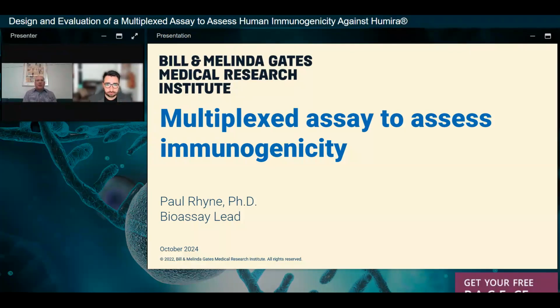There are certain drug therapeutics out there that have a concern, and you know that you're going to be asked for isotyping data and other neutralization data. Sometimes you can use a multiplexed approach, and if you can get to those questions quicker and more efficiently, that's always a better way of doing things. So it might not be the answer to everything, but it is certainly something that you have as an option.